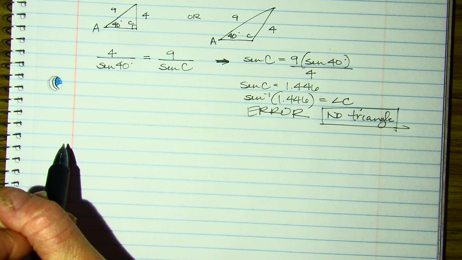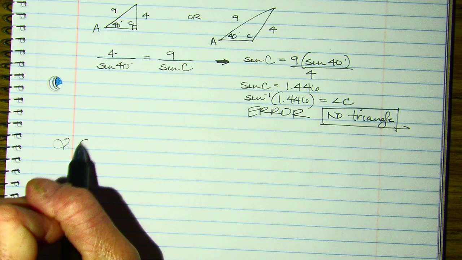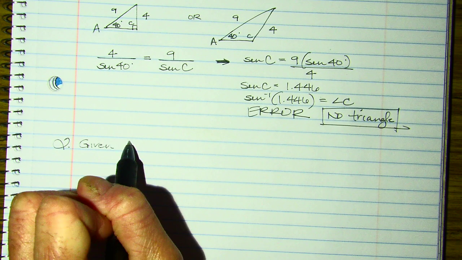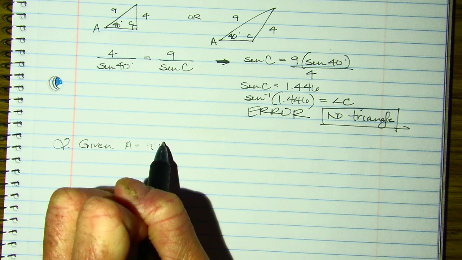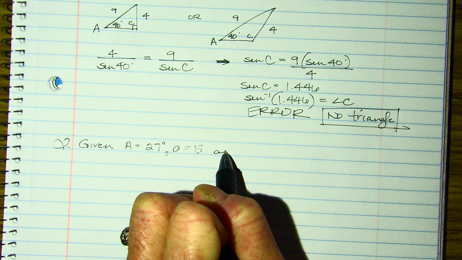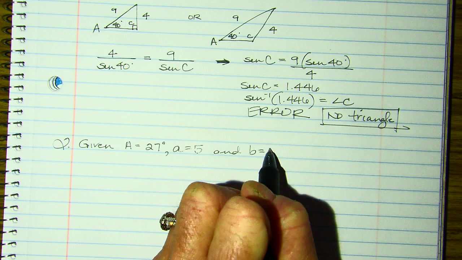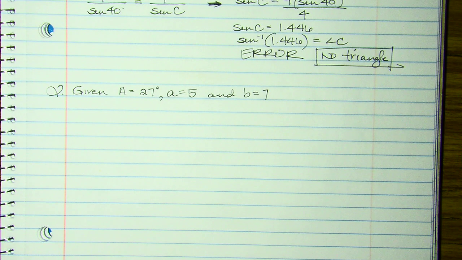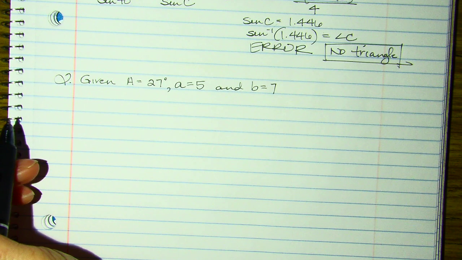Next one, given that angle A is 27 degrees, side a is 5, and side b is 7. I'm not going to actually draw a picture here. I could have several different possibilities.